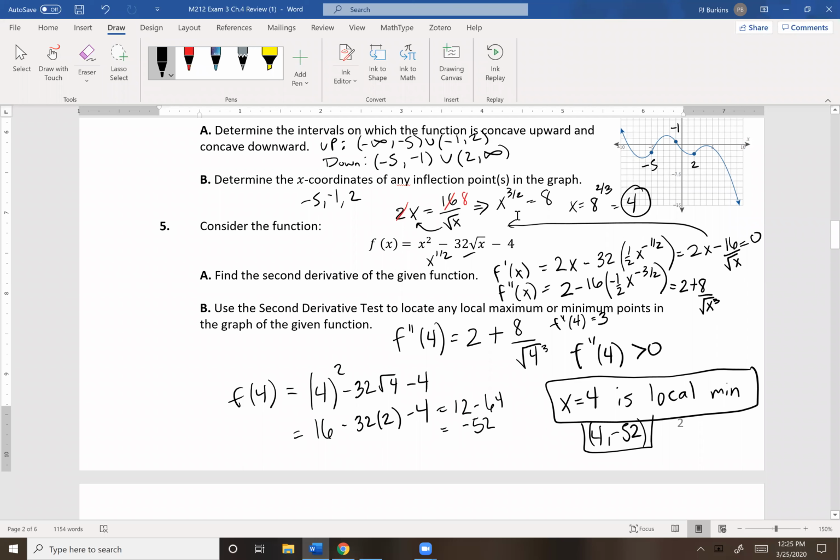Wait, x times x to the 1/2? Yeah, this is x to the 1. You add the exponents. Okay, I follow. And so then to get rid of this, I would take the 2/3 power of both sides. And then the cubed root of 8 is 2, and then 2 squared is 4.